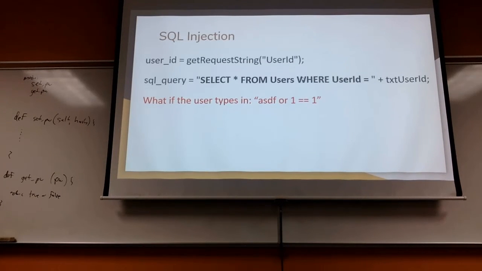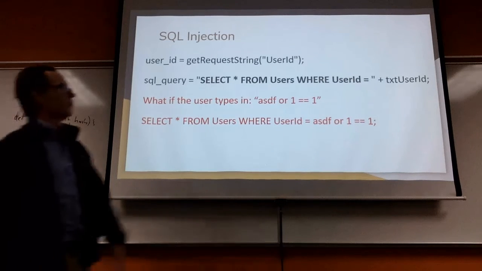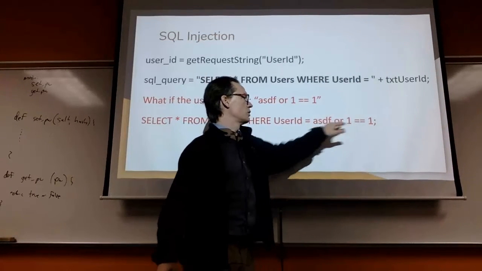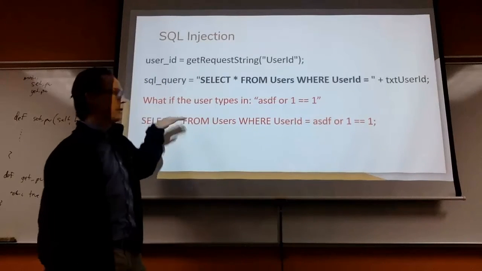Anyway, so that is one way of getting all the information from a table, right? Because this is saying if either one of these is true, return that row.